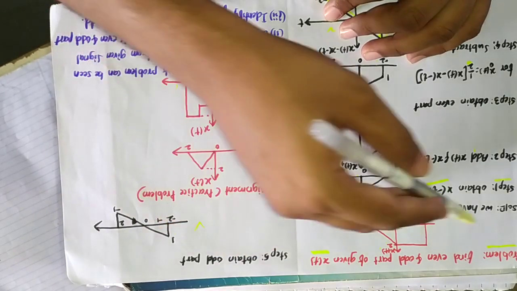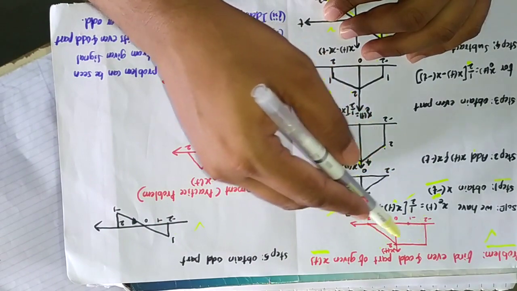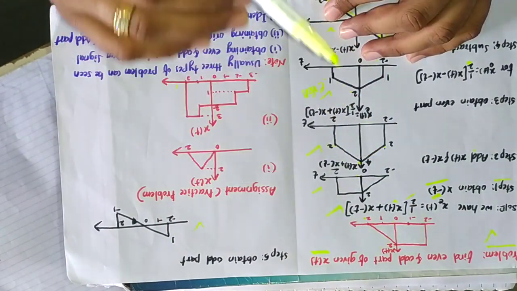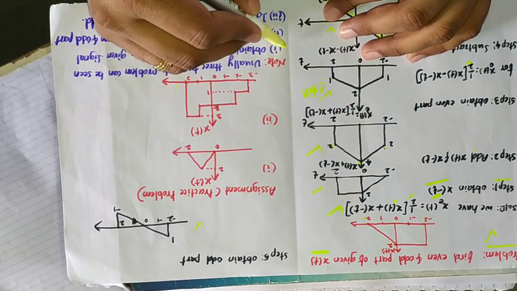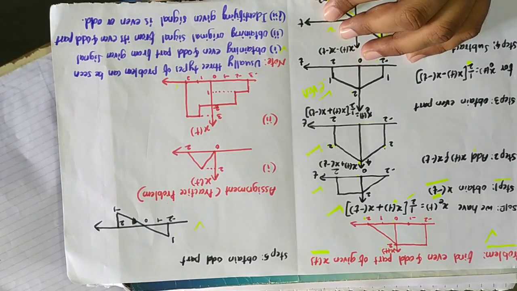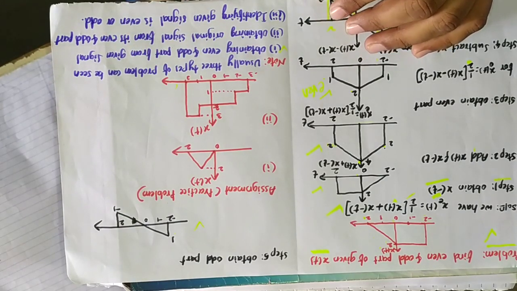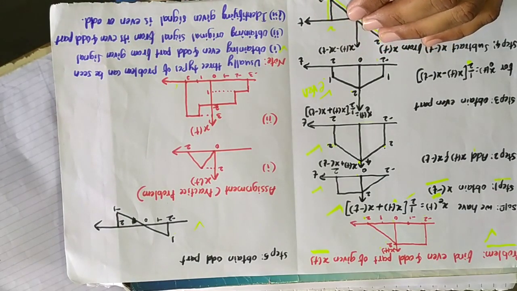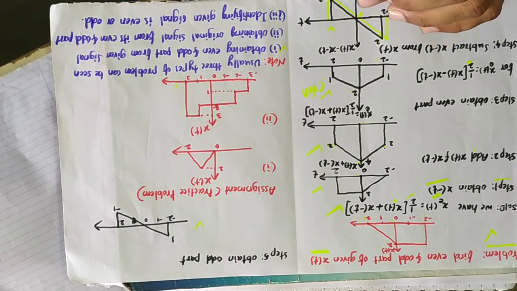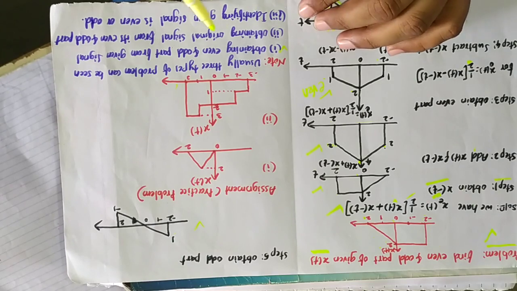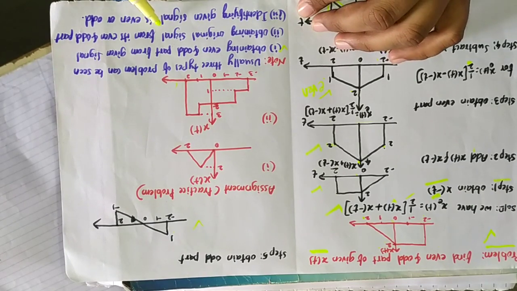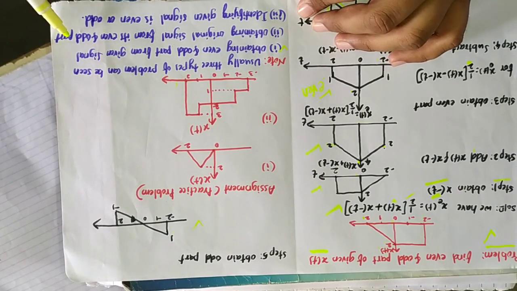That is what this example is all about. It is asking you to find the even and odd part of the given x of t. These are the most common type of problems on even and odd signals in a descriptive kind of examination. The other two types of problems will be obtaining the original signal from its even and odd part.